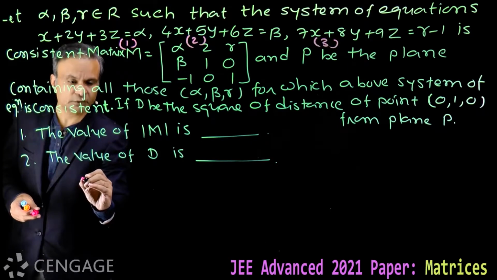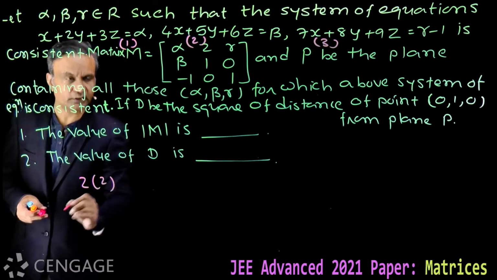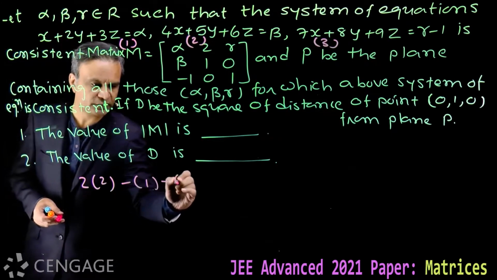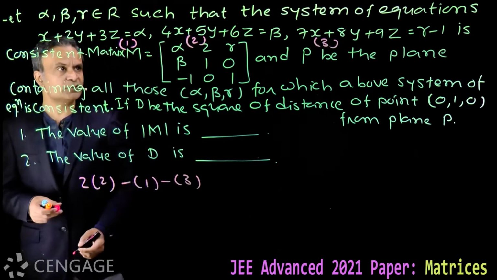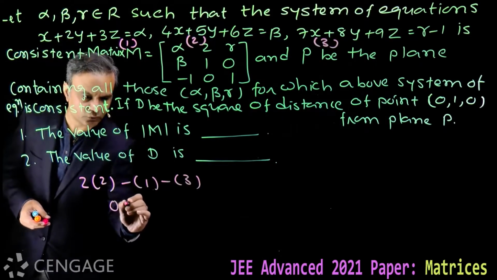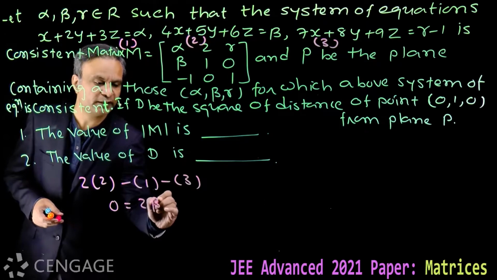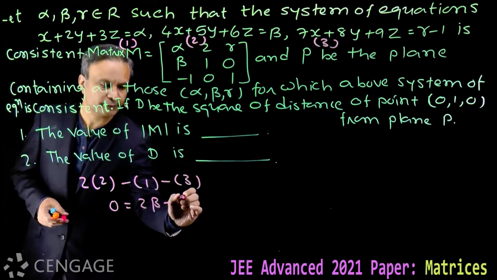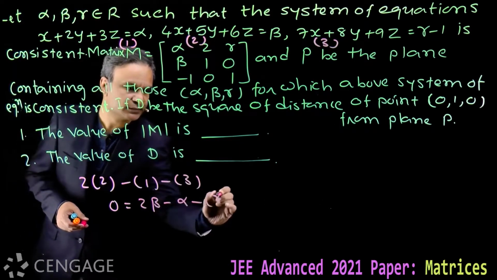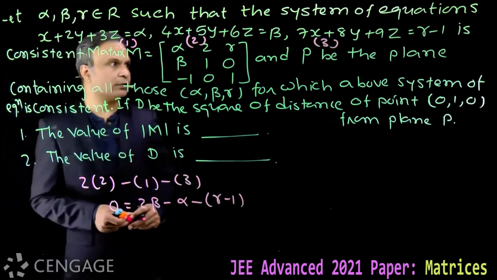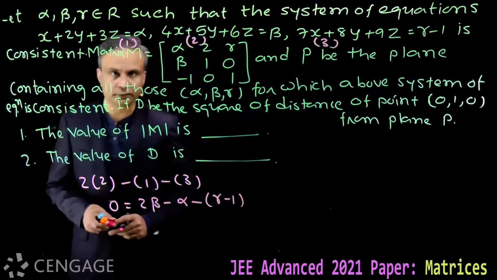we can have this one, 2 multiplied by equation number 2 minus equation 1 minus equation 3. From this we get 0 is equal to 2 beta minus alpha minus inside brackets gamma minus 1. When we do this, coefficients of x, y, z become 0.